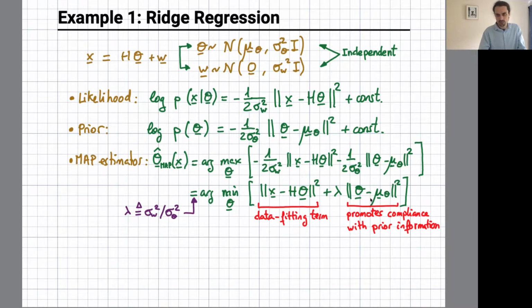So this is natural: if the data is noisy and or our prior information is very certain, then we rely more on the prior information. And the opposite happens if our data has little noise, or our prior information is very uncertain. In that case, lambda is small, and the optimum of this objective will be close to the optimum of this first term alone.